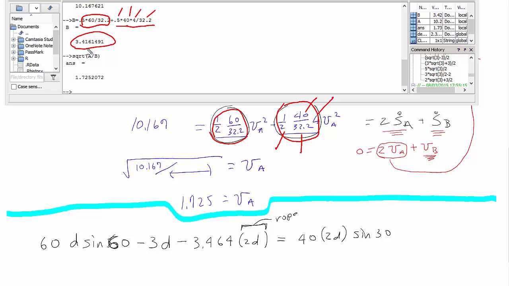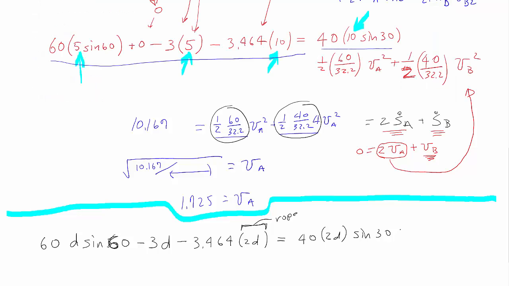So here's what I'm saying, 3.41. So I should put a 3.41 here. Let's remember that number. 3.416 times the velocity of A squared.